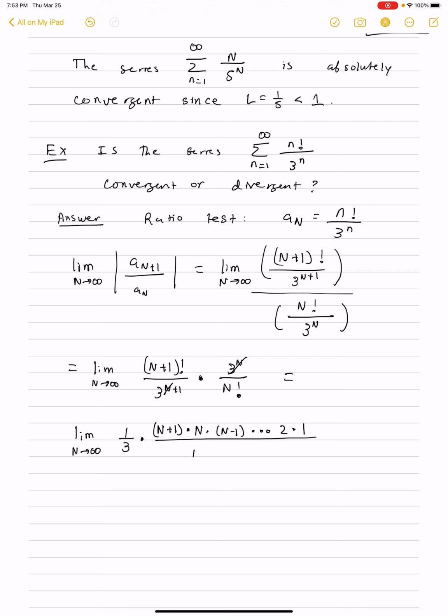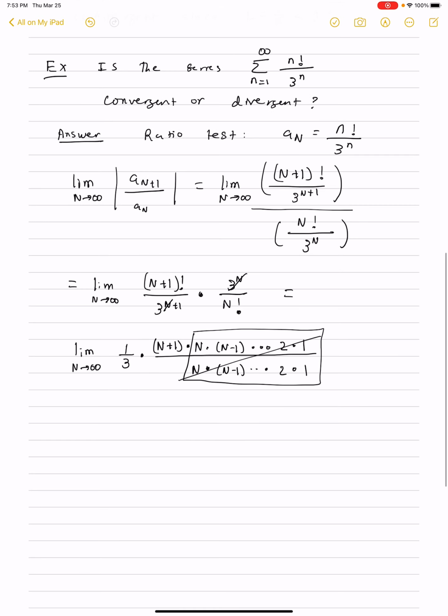For n factorial, that starts at n, I multiply by n minus 1, I keep multiplying by everything less than n until I get down to 1. We see that these terms right here, they all cancel. And I'm left with this limit as n goes to infinity of (n+1) divided by 3. This keeps getting bigger and bigger, so it limits to infinity.